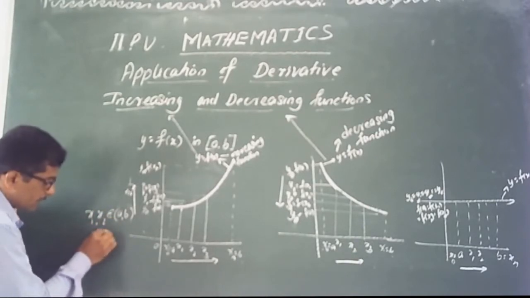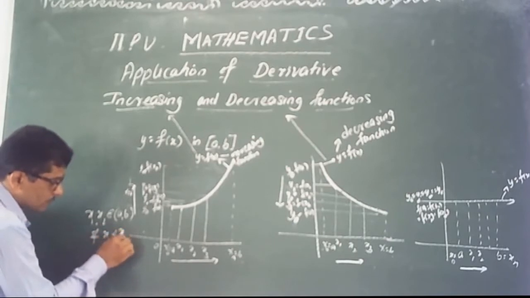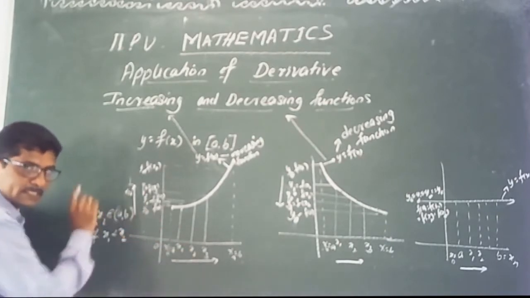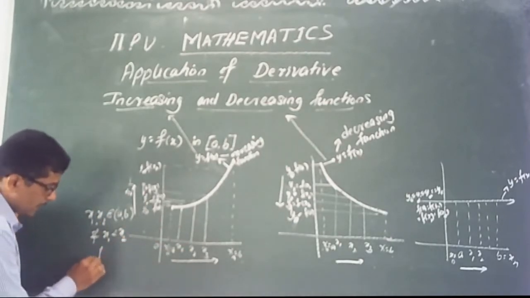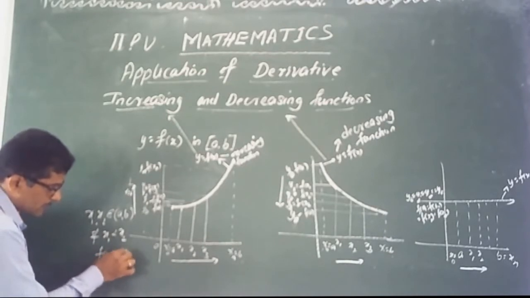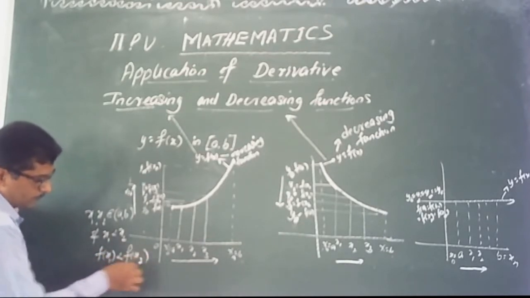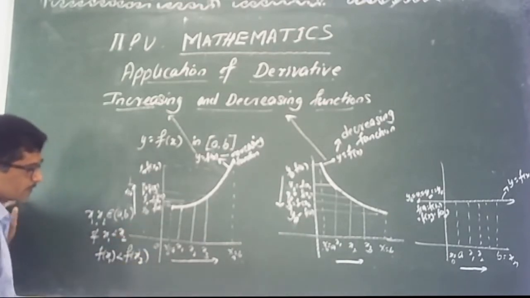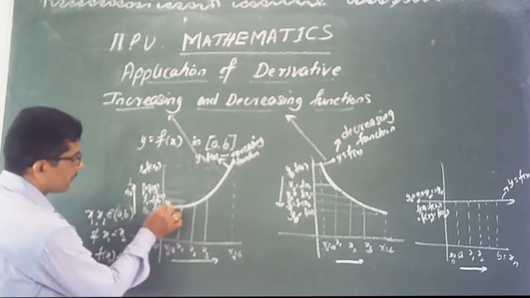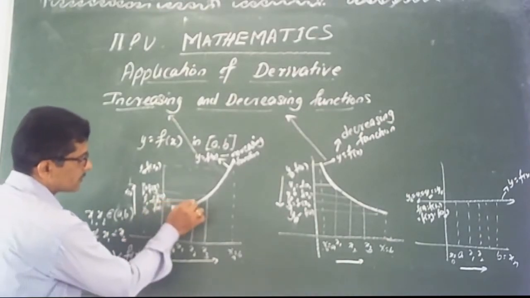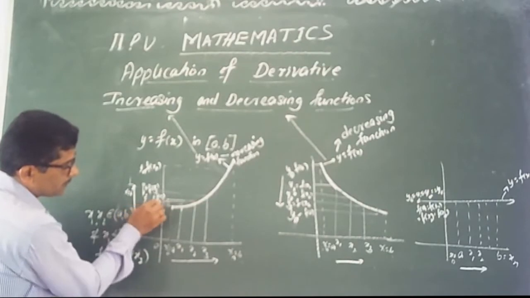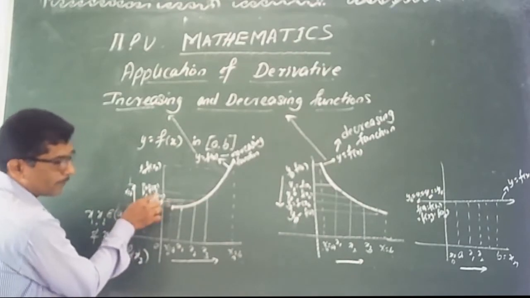If x1 is less than x2, then f of x1 is also less than f of x2. This value is f of x1, and this value is f of x2. f of x1 is less than f of x2.